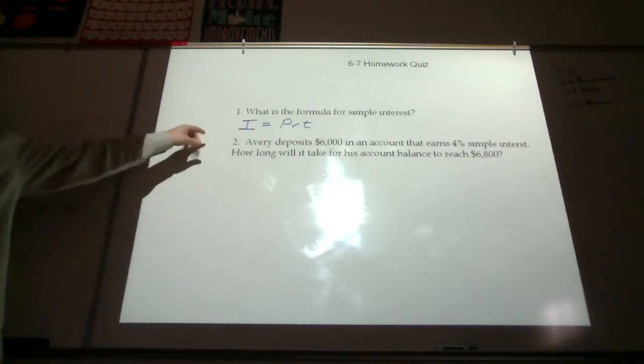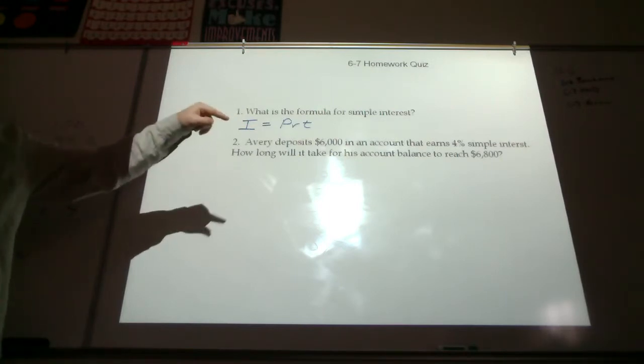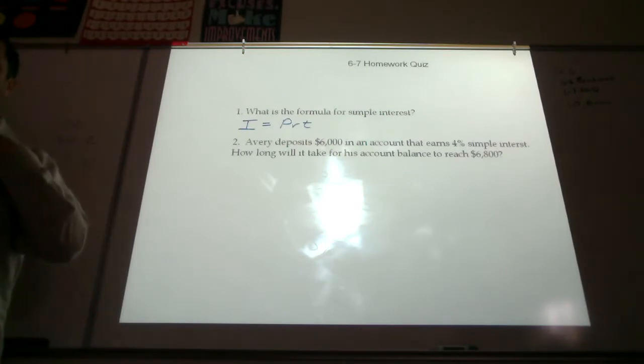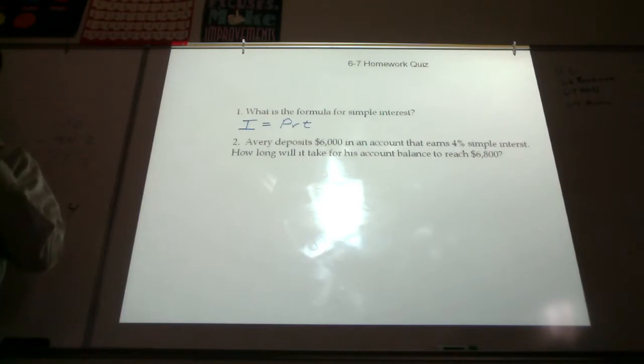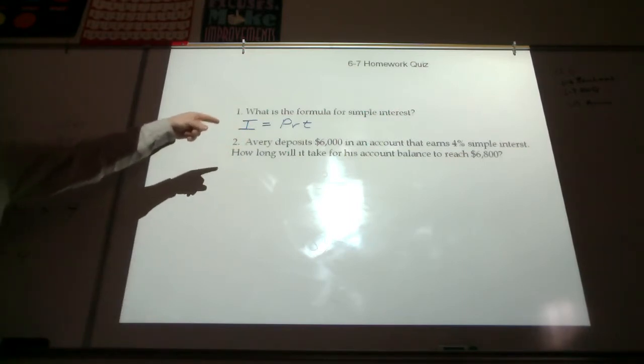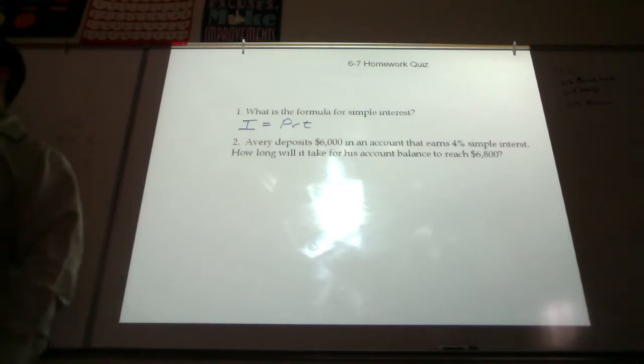Here's good principal. Good principal is this example right here. If we deposit, we put in our own money, that's good principal. That means we're going to be earning interest. Our money is working for us. In this case, Avery deposits $6,000 into a bank account.